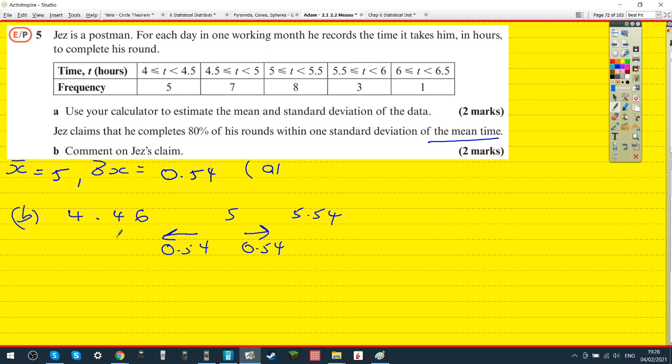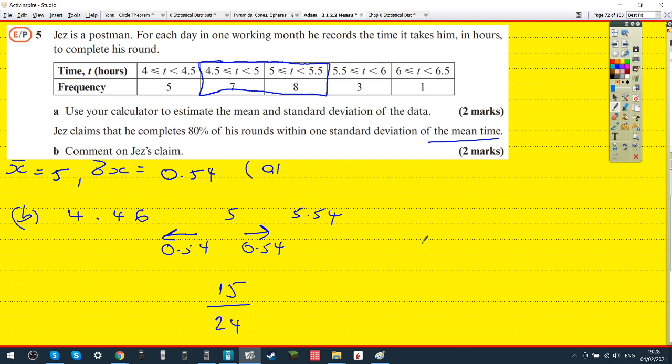He claims that he completed 80%. So 4.46 is going to be roughly there, and 5.54 will be up to there. And so how many papers is that? It's 15. So that's 15 out of how many? 24.